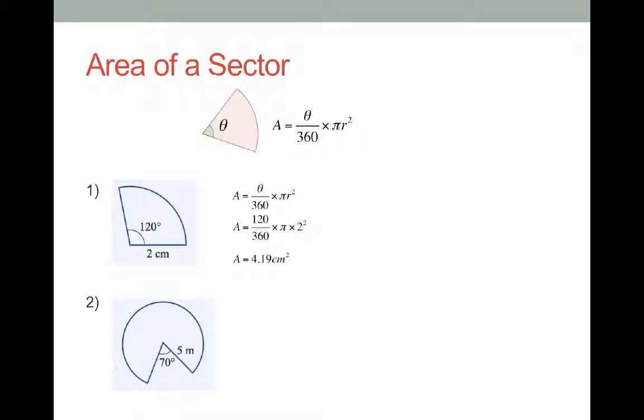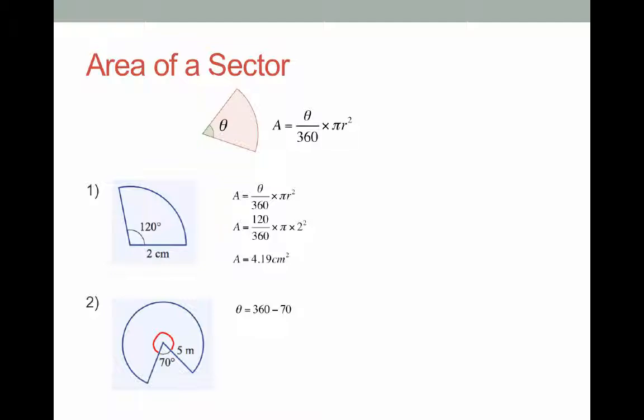Let's look at number 2. Can you work out what the fraction of the circle is? If you said 70 out of 360, unfortunately, you're not correct. We want the angle that is at the center of the circle inside the circle. Now that whole center of the circle adds up to 360 degrees. So if we want to work out what that red angle is going to be, we're going to have to do 360 minus the 70.